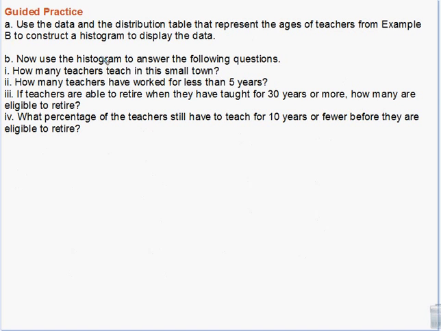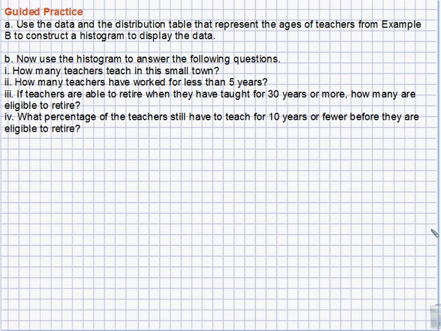All right, so here we had the teachers from the first example. So we're going to make a histogram on that. All right, so we had our data. Remember our bins were 0 to 5, and our frequency on that was 11. And then we had 5 to 10, and our frequency was 9. And 10 to 15 gave us a frequency of 12.